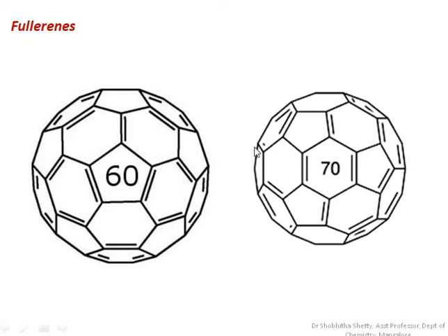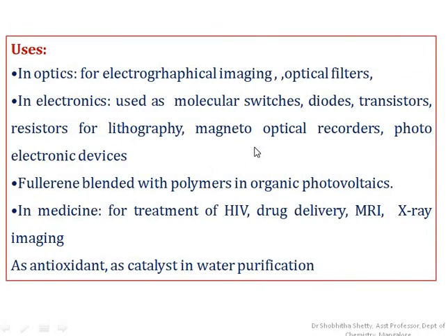The main application of fullerene is in the field of optics, for optical filters, even in the electronics field, used for molecular switches, transistors, and photoelectronic devices, and in polymer based organic PVs, photovoltaics also it is used, and in the medicinal chemistry field for the treatment of drug, HIV related drug delivery systems also, even in X-ray imaging and MRI technique.